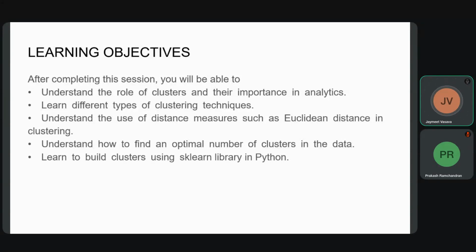Then, what are the optimal methods if we are going to create certain clusters, and of course there has to be a balance between not too much and not too less. So what would be the optimal number of clusters in the data? We'll find how we can find the most optimal number of clusters, and we'll be doing this with the help of scikit-learn, a library of Python, and Seaborn and Matplotlib.